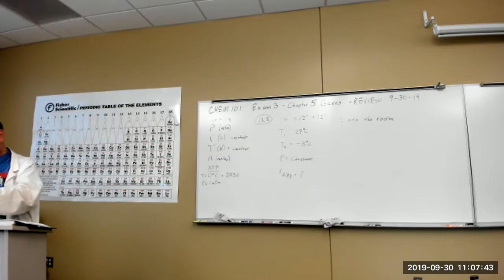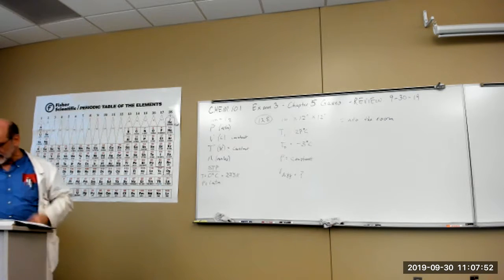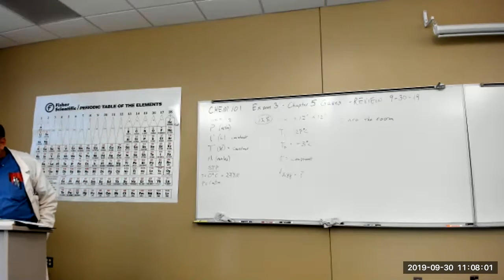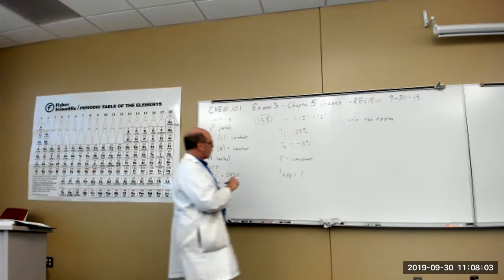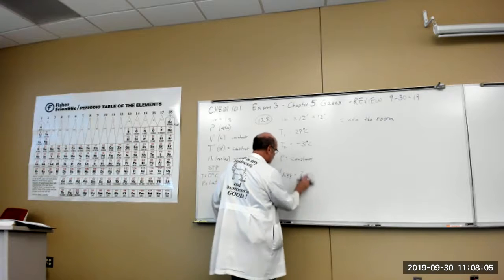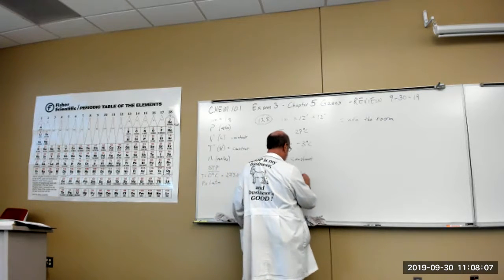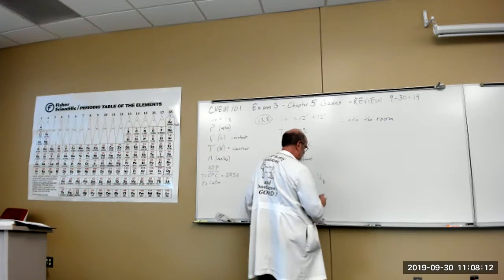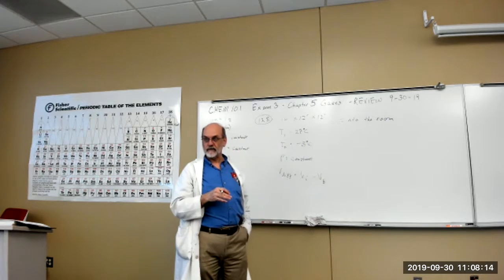Let me see how I approach it. That's the logic part. Let's see how the math goes. Okay. So to find the volume difference, we want the initial volume minus the final volume. That'll tell us the difference in volume.